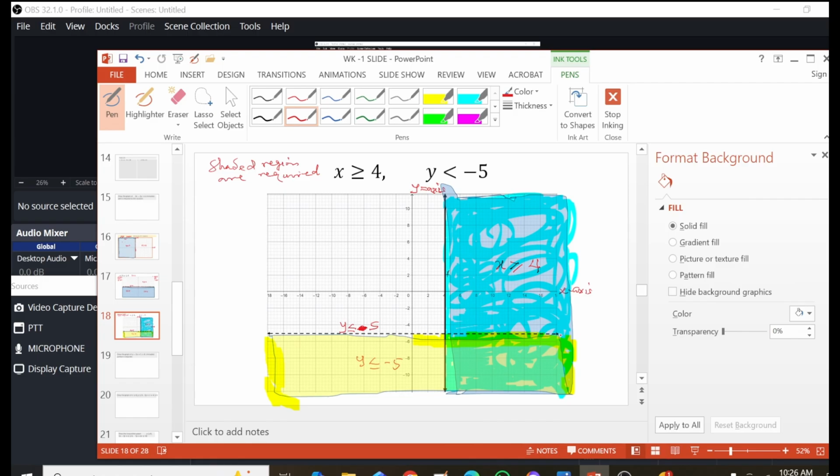The region where the two colors intersect is the required region. Look at this region, we have yellow color and blue color. This is the actual region that is required.